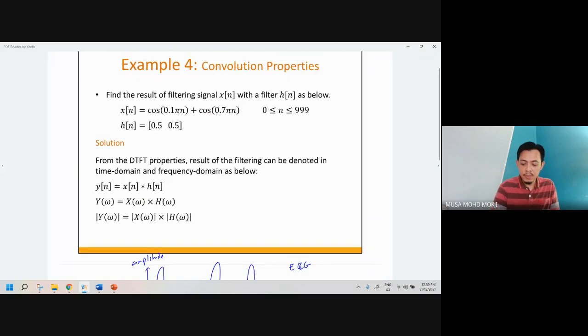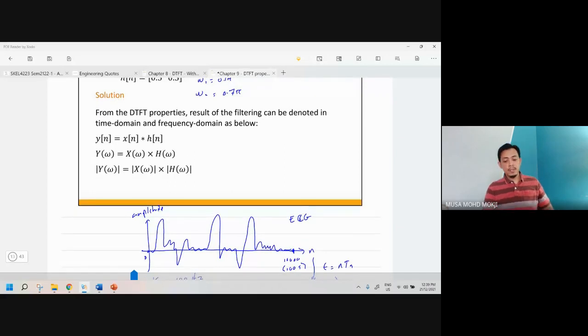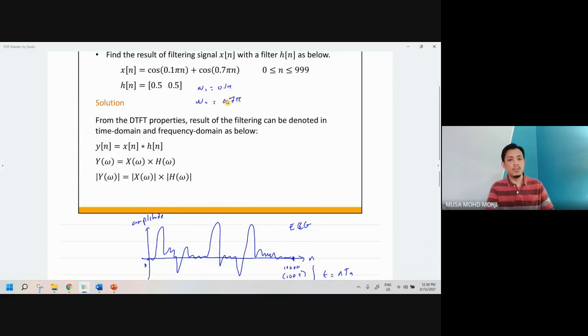So the first frequency, omega 1, equals 0.1 pi, and frequency number 2 is 0.7 pi. But for an actual signal, how many frequencies would you have? Actually you will have an infinite number of frequencies. This one has only two, represented by cos 0.1 pi n and cos 0.7 pi n.